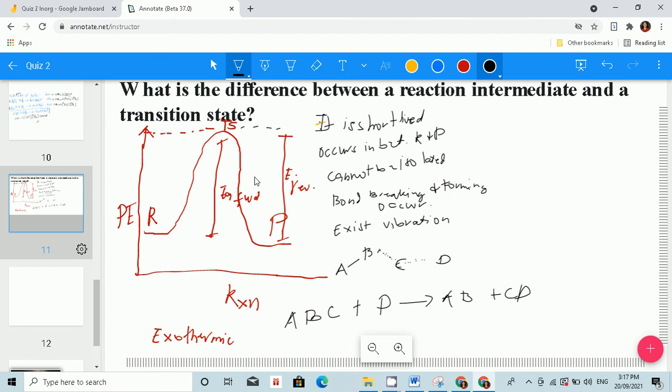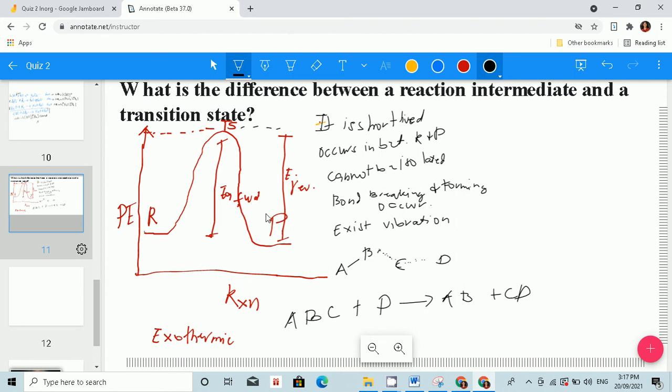Now, for a single step reaction, we cannot identify an intermediate. We have to have two or more reaction steps in the mechanism.